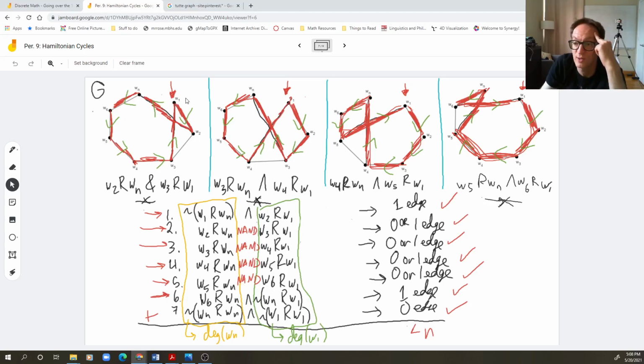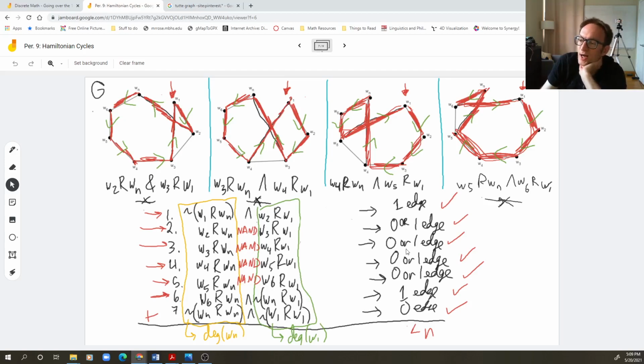Because if so, you could have made a jump and gotten a Hamiltonian cycle in G, but we know there is no Hamiltonian cycle in G. So once again, it can't be true that W3 is friends with Wn but W4 is friends with W1. It can't be true that W4 is friends with Wn and W5 is friends with W1, etc. All of those are impossible.